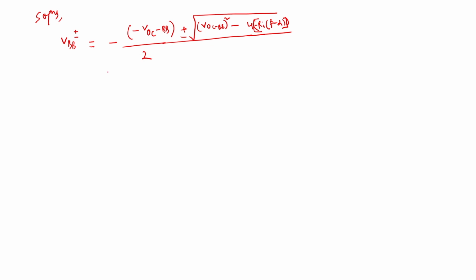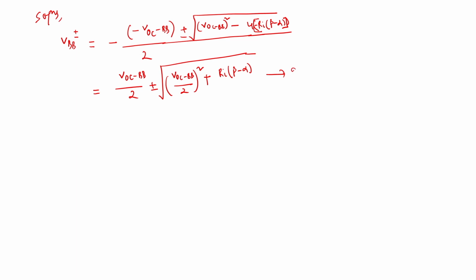Okay. So, we can simplify it something like VOC BB divided by 2 plus minus square root of VOC BB divided by 2 whole square plus RI times beta minus alpha. Okay. Fine. So, this is equation number 9, right.